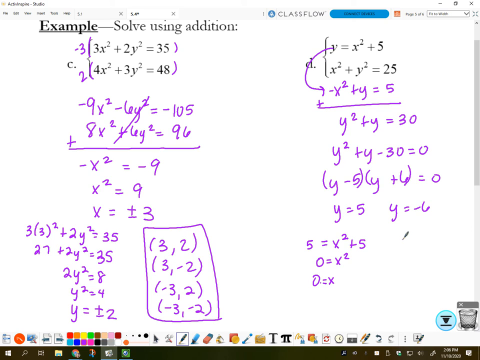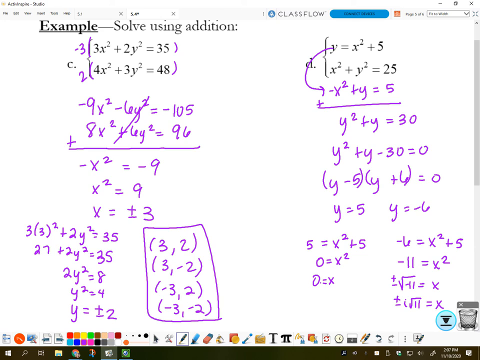Alright, if I plug in the negative 6, then I have negative 6 equals x squared plus 5. Subtract the 5, and that's negative 11. And I would get x is equal to plus or minus the square root of negative 11, or plus or minus i root 11.